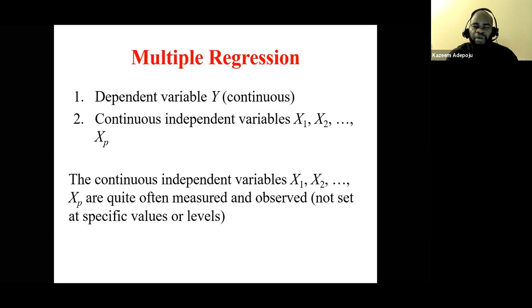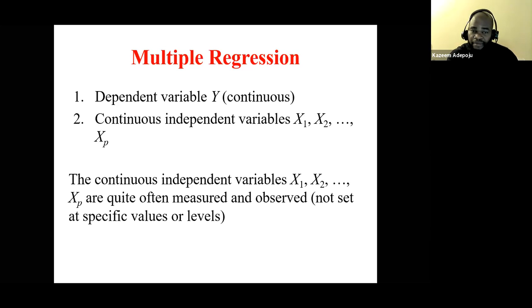If I want to talk about multiple linear regression, I'm going to have one dependent variable, the response variable, that is continuous in nature. And we're going to have continuous predictors as well.